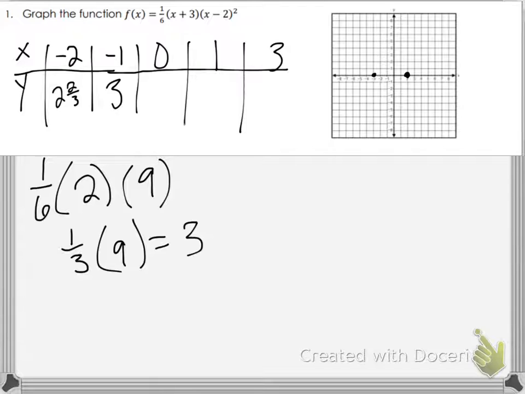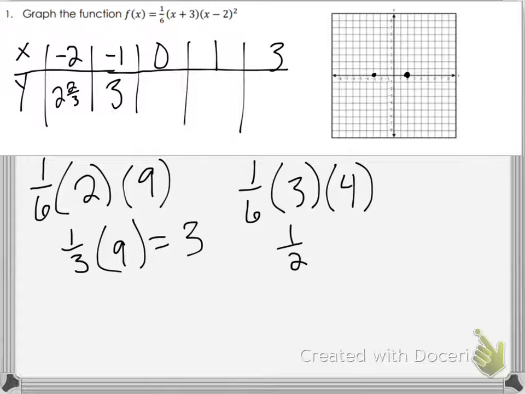Okay, plugging in 0 for x. What's 0 plus 3? 3. What's 0 minus 2? -2. -2 squared. 4. 1/6 times 3. 1/2. 1/2 times 4. 2.